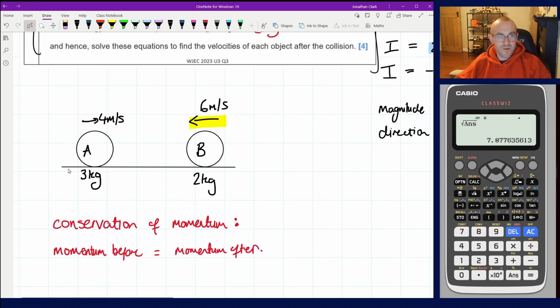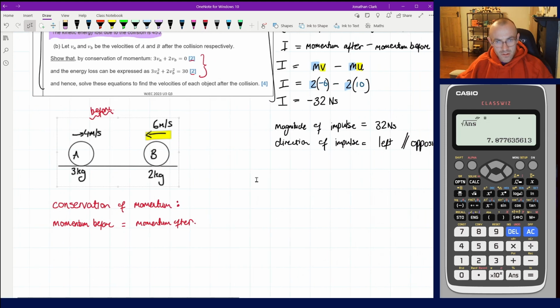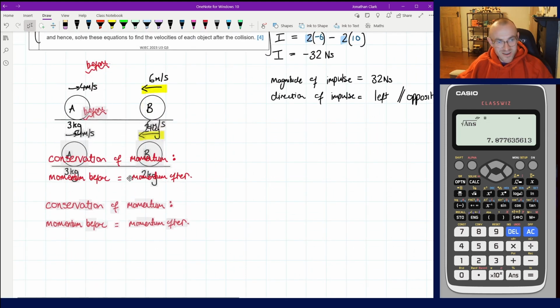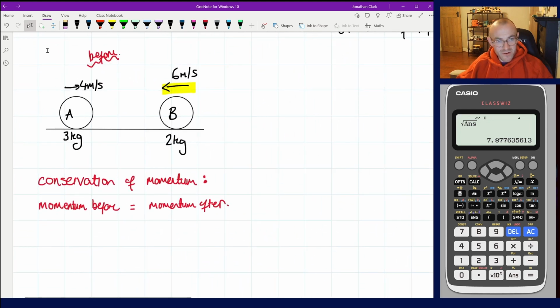So this is the situation just before the collision happens. And I'm going to draw another diagram like this. Let's make more space. So this is before.